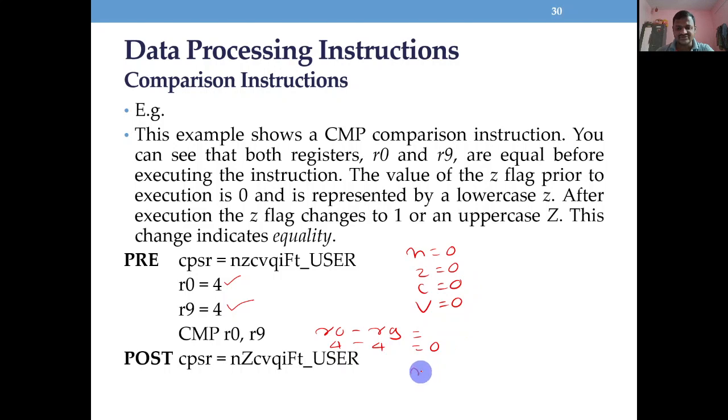So the negative flag becomes 0, the zero flag becomes 1, the carry flag becomes 0 and the overflow flag becomes 0. That is why the Z is capital after execution and small before. It only updates the flag bits, comparing whether they are equal or not. If equal, the zero flag is set to 1. If not equal, the zero flag is set to 0.